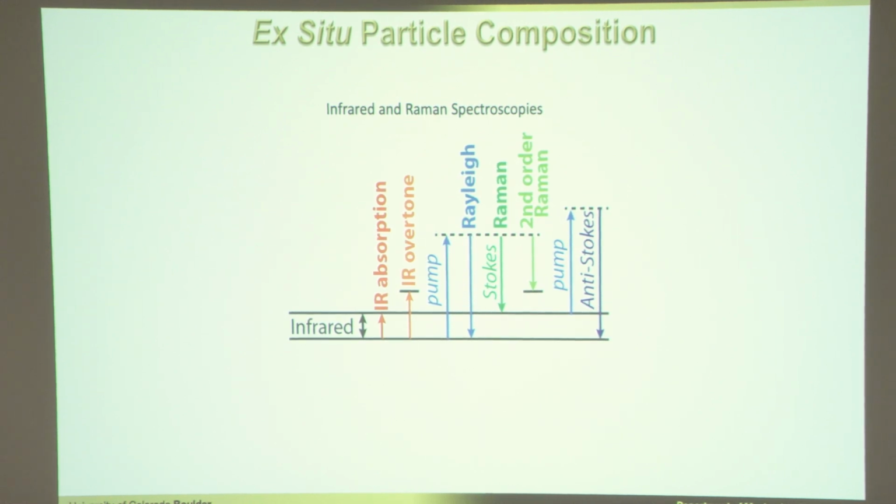Here is a description of all the different types of spectroscopies. You have infrared, where you're absorbing, just direct absorption. You can do infrared overtone, looking at multiple overtones, going from the ground vibrational state to the first, second or third, so that would be IR overtone spectroscopy.